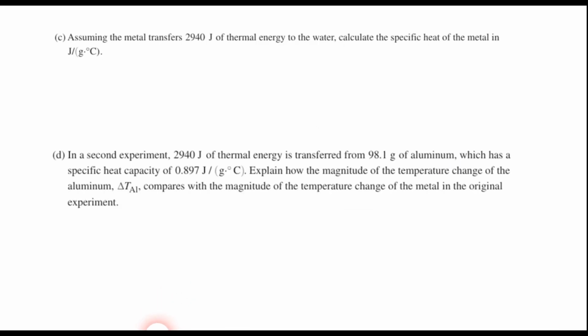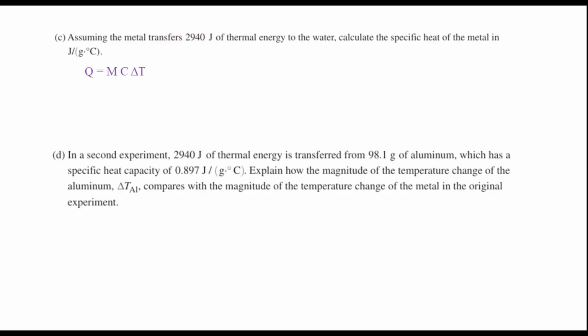Now moving on to part C, it says, assuming the metal transfers 2,940 joules of thermal energy to the water, calculate the specific heat of the metal in joules per gram degree Celsius. So this sounds like a nice Q equals mc delta T example. And if we take a look at what's transferred, it says that the metal transfers that number of joules.